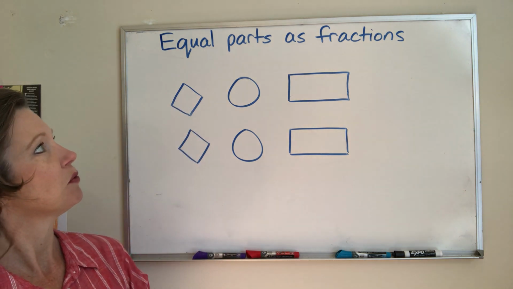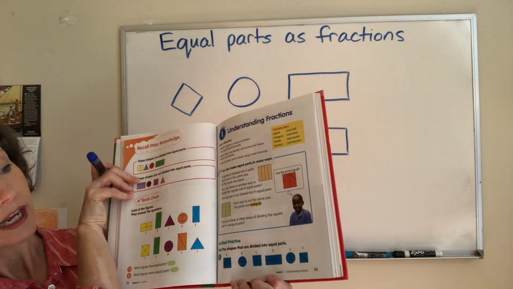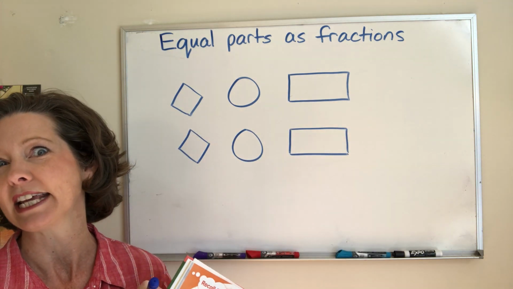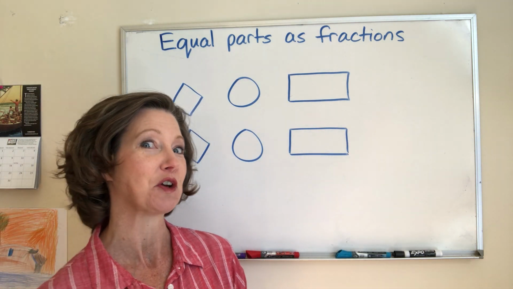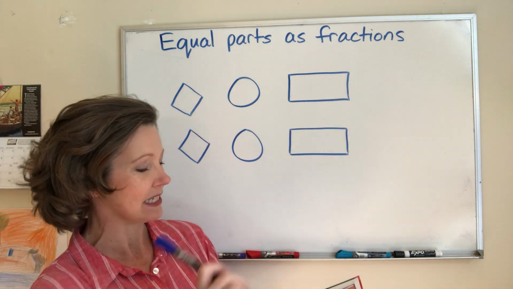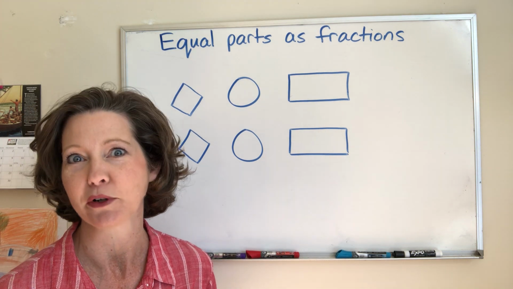We are going to talk about equal parts as fractions, and you should have your book out to page 75. We're going to do a lot of the things in the book today together because they have really great drawings for fractions, and you're going to want to look at those. A fraction is something that you've had a lot of experience with already.